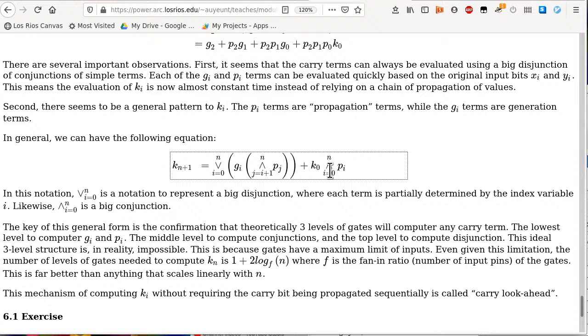The idea of this equation is you can give me n, any non-negative integer, including 0, and I'll be able to express k of n plus 1 in terms of a whole bunch of p's and g's and k0, but it would not rely on k of n. So this is the general equation to figure out a carry bit using the carry look-ahead mechanism.